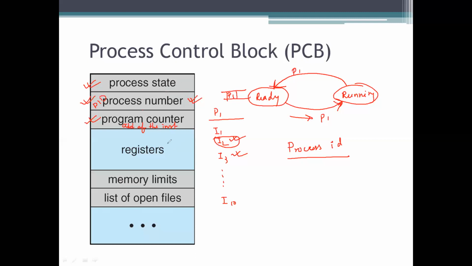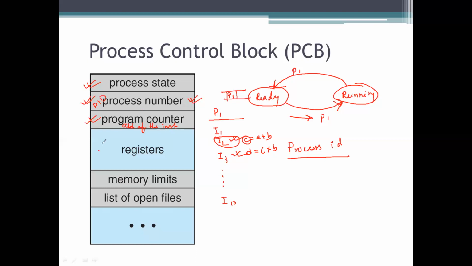Now the next one is the registers. These registers store all the intermediate operations. Consider the I2 instruction: I2 is C equals A plus B, and the instruction I3 is D equals C into B. To perform the execution of the instruction I3, I need to remember the result of I2.